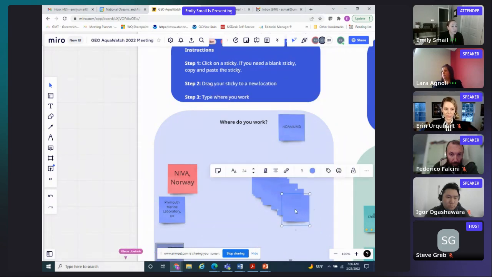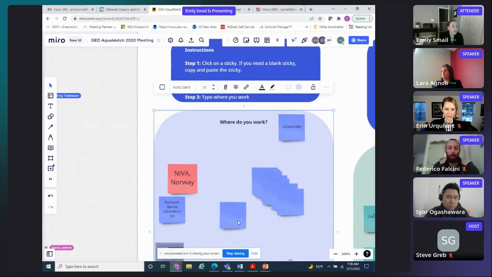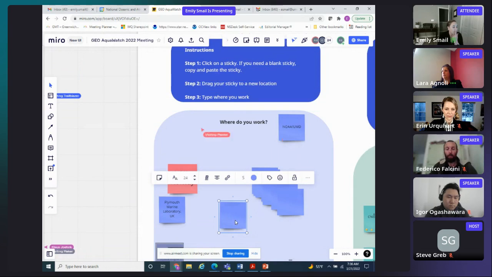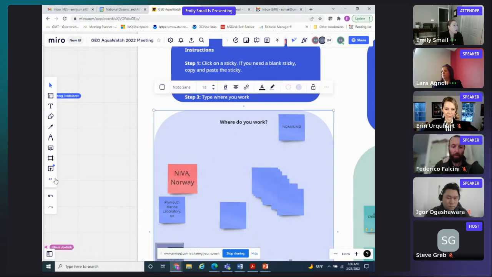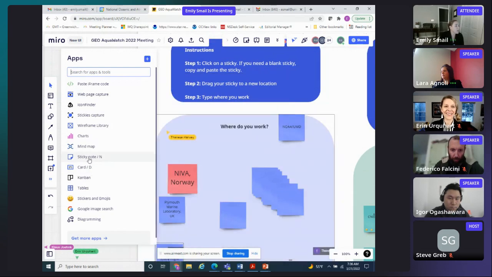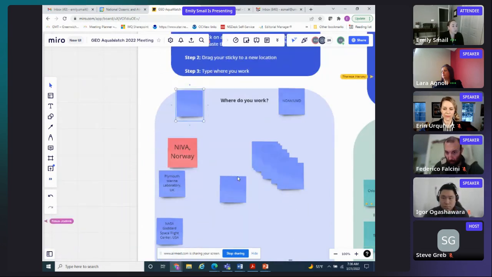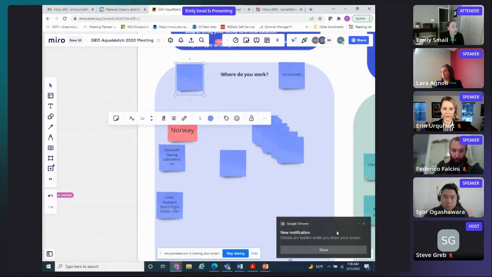And you can also drag these around, and if you want to make a new sticky note, you can copy and paste it, or you can go to this tab here where it has different options on apps, and you can click sticky note and create a new sticky note there. So we invite you to that.